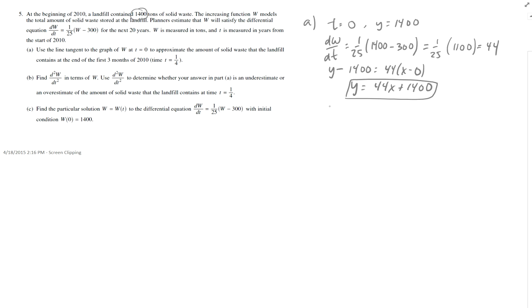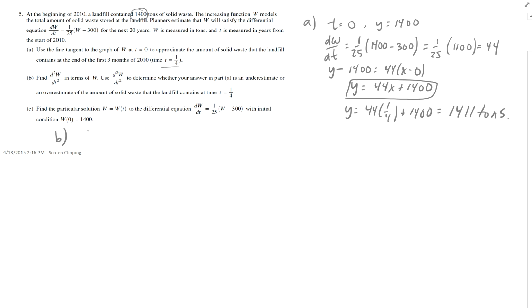When it says to use that to figure out how much is there at the end of the first 3 months, time is 1/4, so y equals 44 times 1/4 plus 1,400, which is of course 1,411 tons. So make sure you use units.